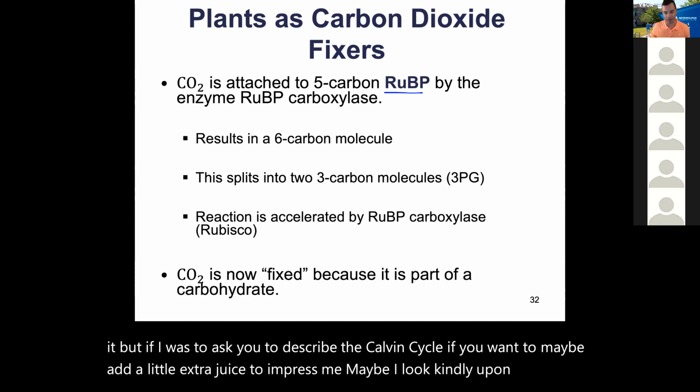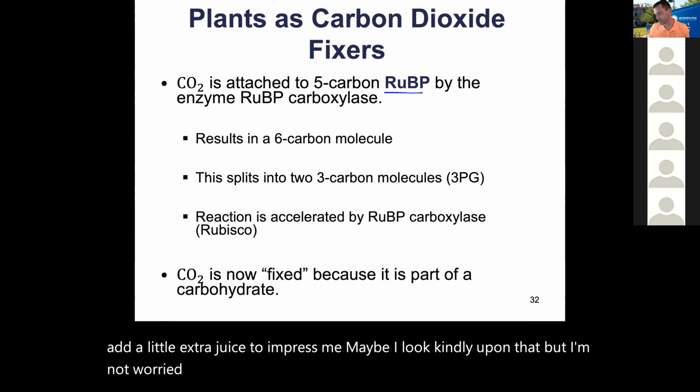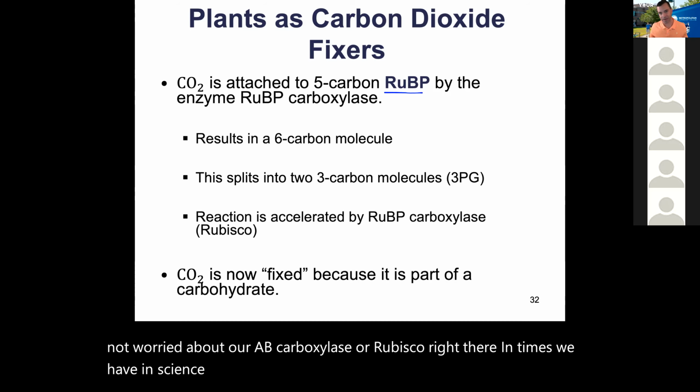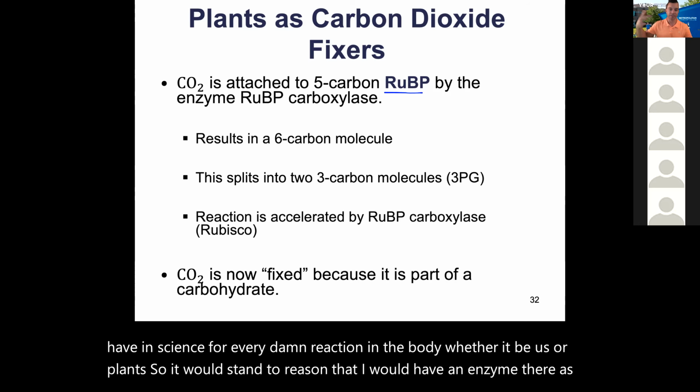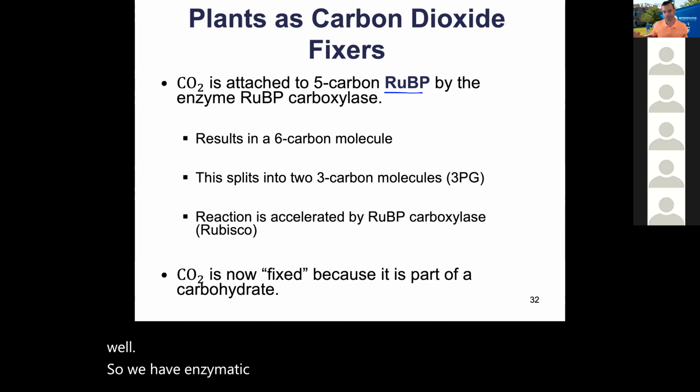But I'm not worried about RUBP carboxylase, or Rubisco. There are enzymes. We have enzymes for every damn reaction in the body, whether it be us or plants. So it would stand to reason that I would have an enzyme there as well, right? So we have an enzymatic reaction that can speed this thing up.